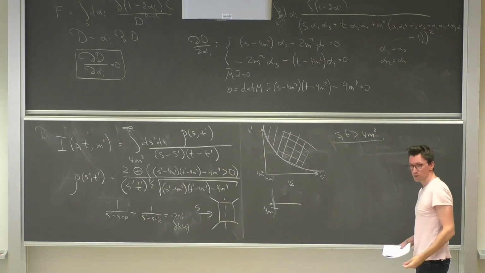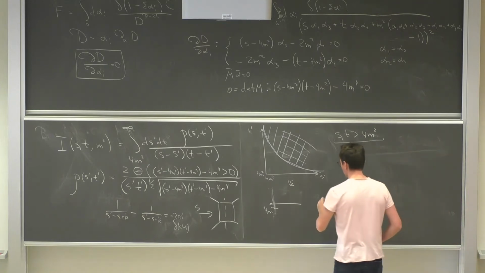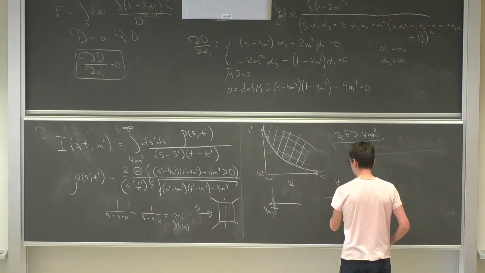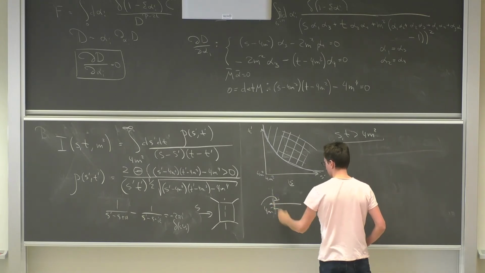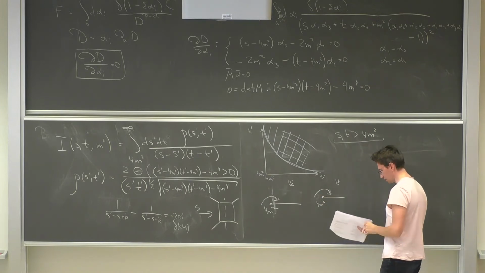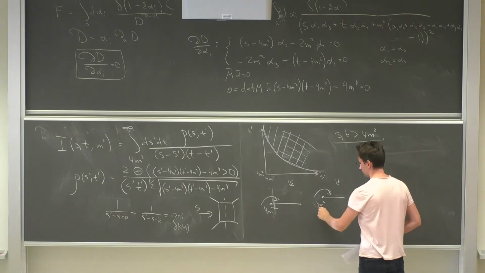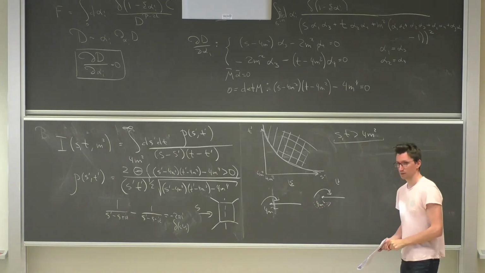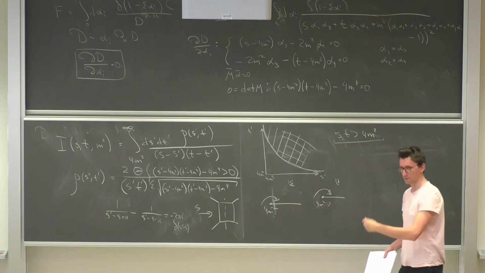Now, if I go to this region, I can choose different paths. I can take both S and T and go like this, say both from above, or take both from below, or one from above and one from below. Right? This is a function which I start with and I can analytically continue.